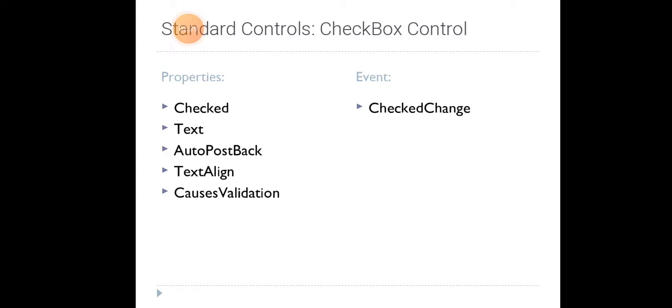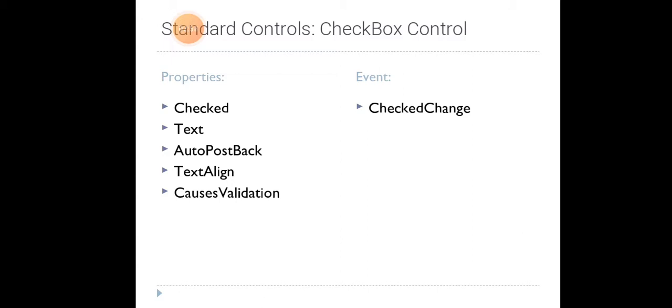Next, we are going to discuss the properties and events of the checkbox control. The properties of the checkbox control are Checked, Text, AutoPostBack, TextAlign, and CausesValidation. Each and every control must have the postback property. Why is there a postback property? What is meant by postback? Postback means that while we are submitting the button or making changes in the button, it is automatically posted to the server.